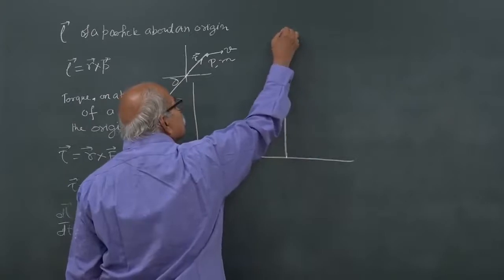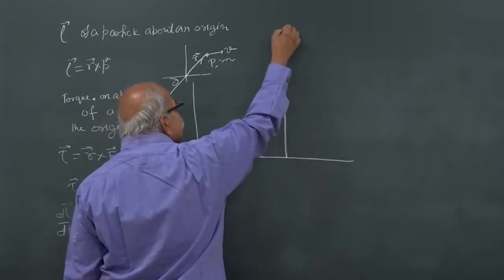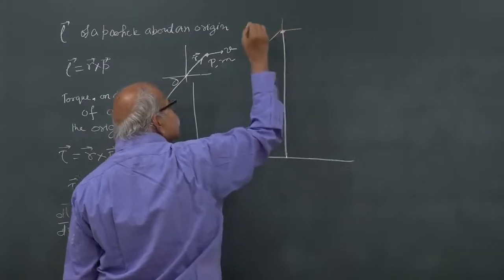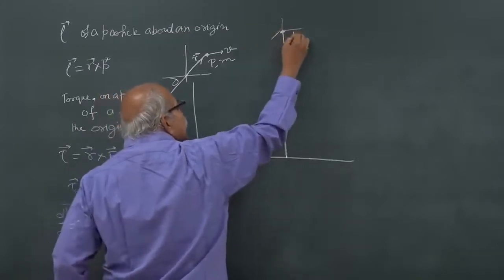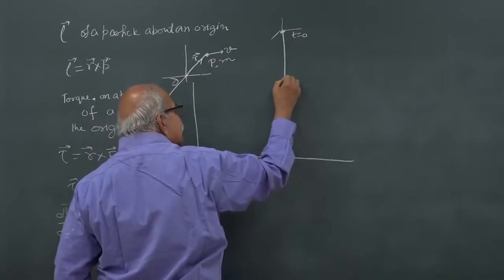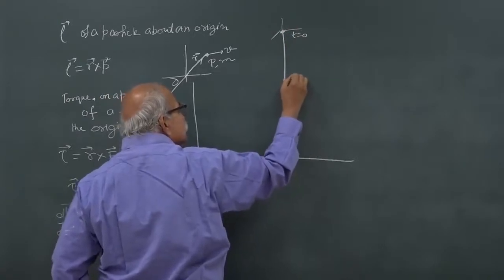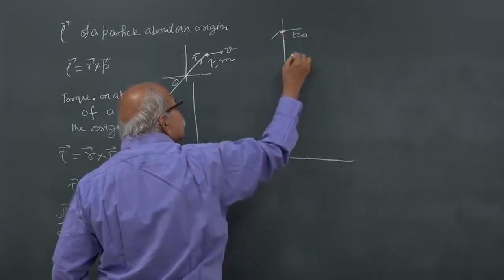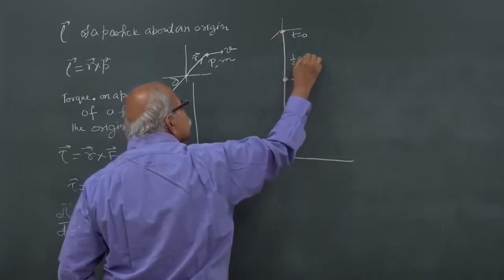It is dropped from here, and we can take the origin right here, and then x axis, y axis, and z axis, and if this is time t equal to 0, at certain time t, it will be here. So, this is at time t, and this distance is half g t square.